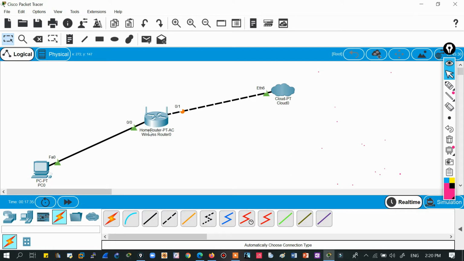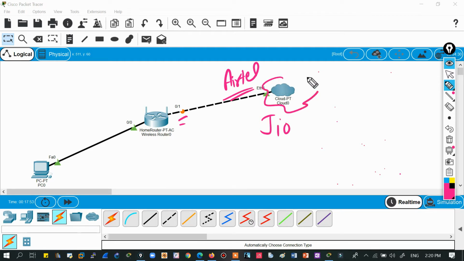This is the way we are getting our IP address. Now, how is this IP being distributed? Suppose this is your Jio Fiber, I'm using a Jio Fiber internet connection, or you can use some Airtel connection, it's up to you. Now this ISP, this Jio or this Airtel, how do they get IP addresses? Do they generate IP addresses?